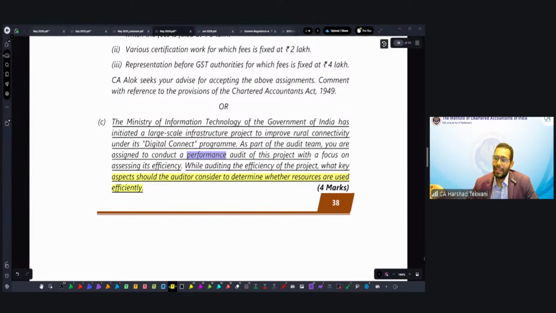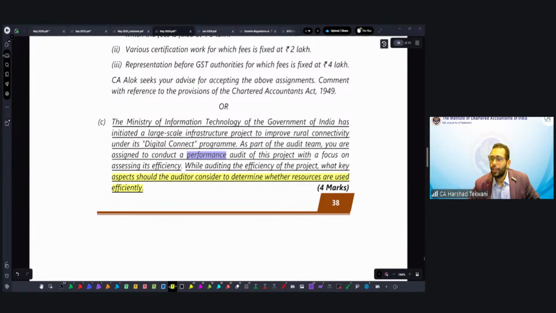Efficiency is not only getting the best, but also meeting the objective of the entire program. Only when I am able to achieve the objective of the entire program can I say that I have got the best out of this use of resources, because I have achieved my objective of the project.